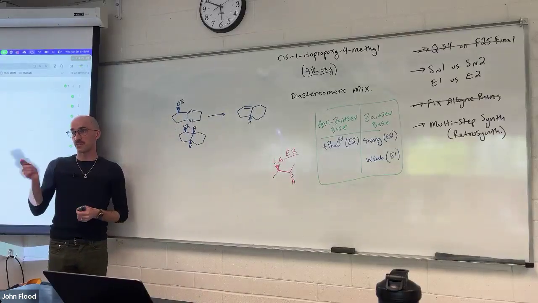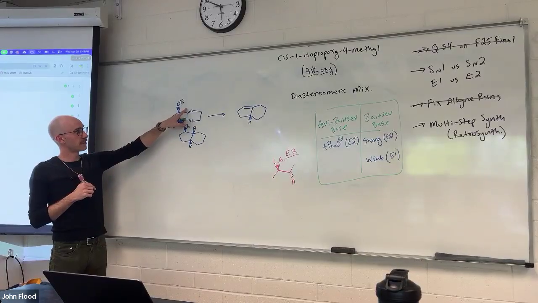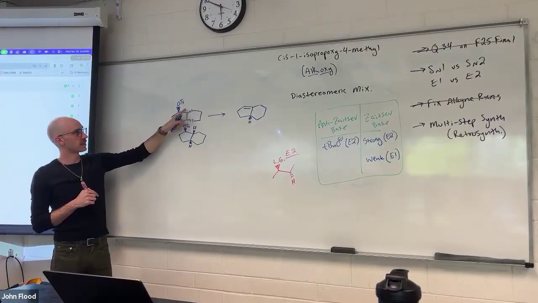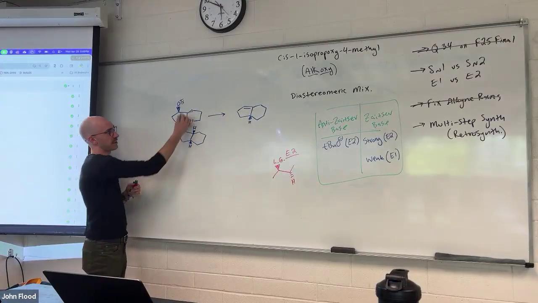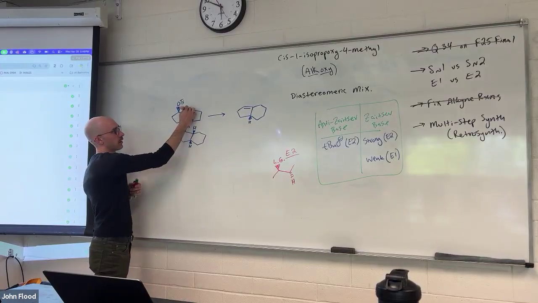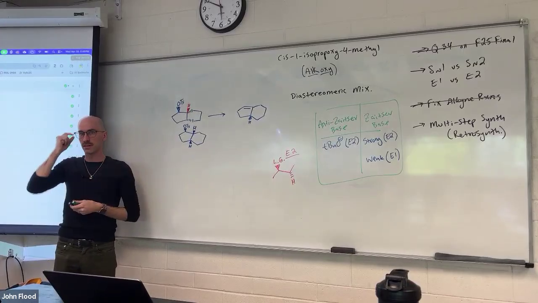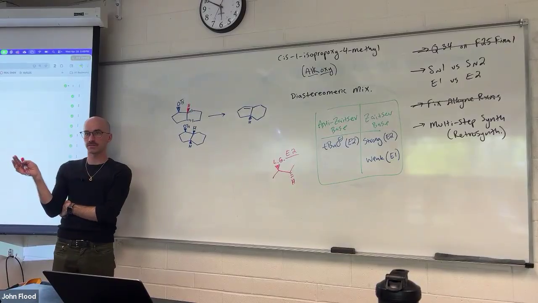If we spot the difference, if we look for what we're losing, this hydrogen, that's the beta position that we're losing the hydrogen from. And that hydrogen, as we see down below, is not anti to the leaving group, which means an E2 mechanism cannot work.